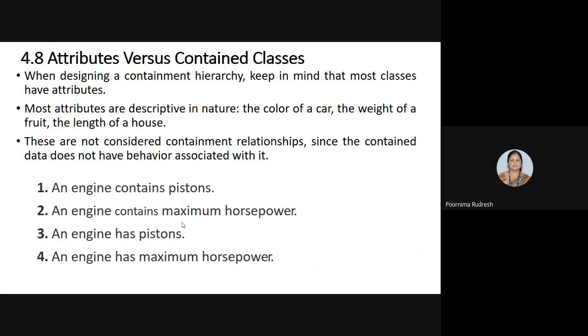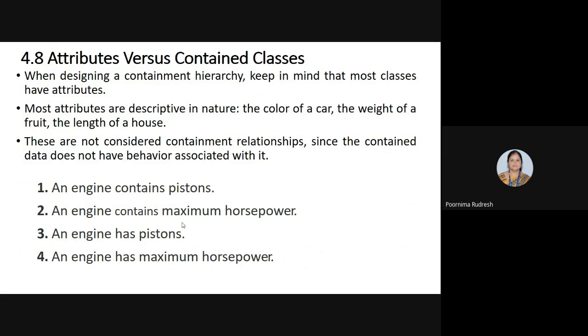So once again, here we are considering the containment hierarchy. When we are designing containment hierarchies, we have to keep in mind that most classes will have attributes, and most of the attributes are descriptive in nature. For example, the color of the car, or the weight of the fruit, or the length of the house.